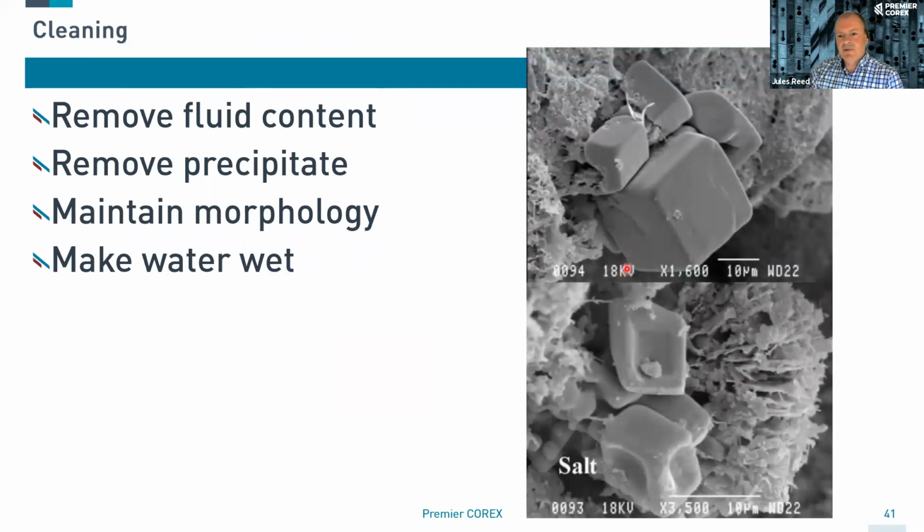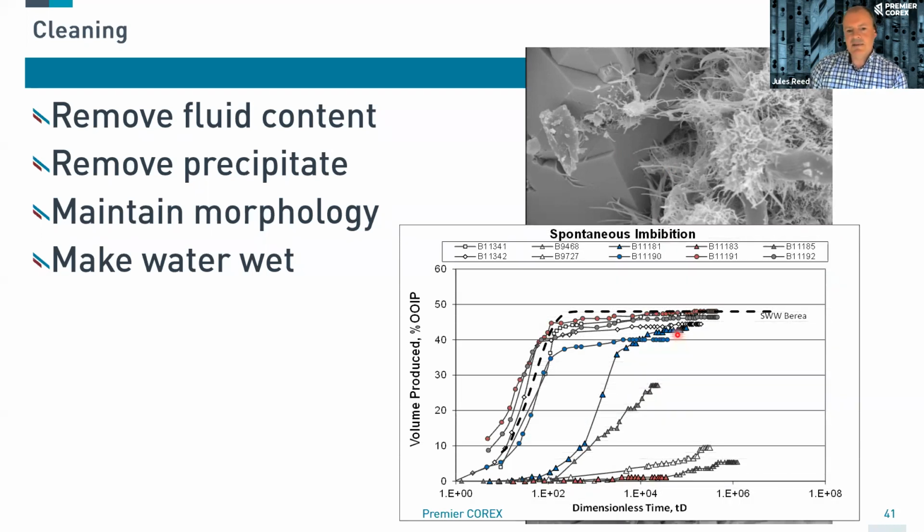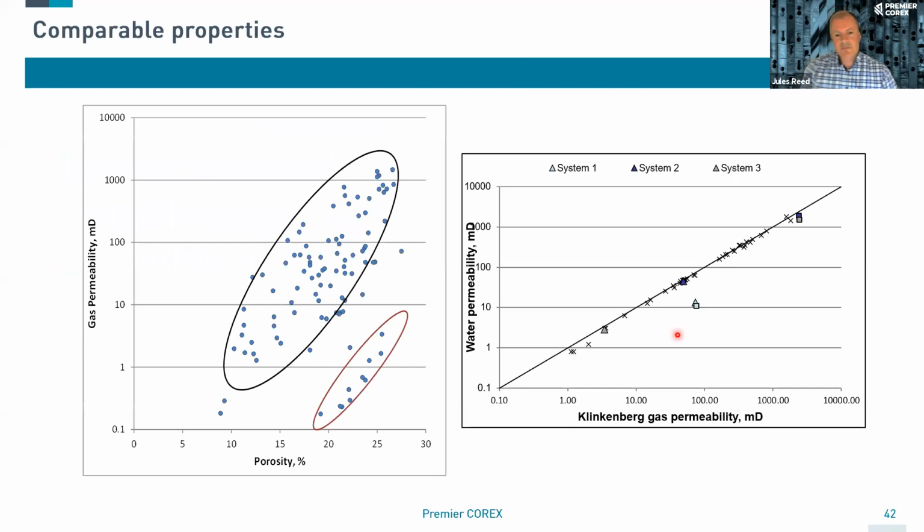So if we've had precipitation of the reservoir fluids, we need to ensure that any precipitation is removed. We need to ensure that the clay morphology and minerals have the same integrity that they had in the reservoir. And we need to obtain back to water wet if we're going to be using restored state processes.